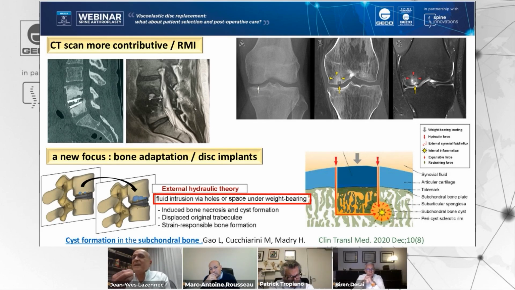And the last thing regarding this bone adaptation for disc implants is what is called the external hydraulic theory. It is used for knees, for example. It means that if you have an end plate and if you have a space, you have fluid intrusion from holes or from the space, and there is overpressure between bone and the end plate.